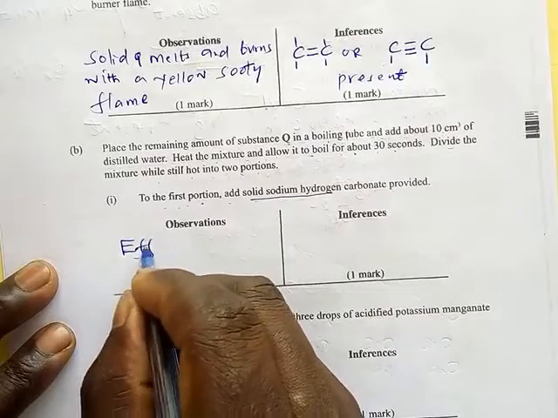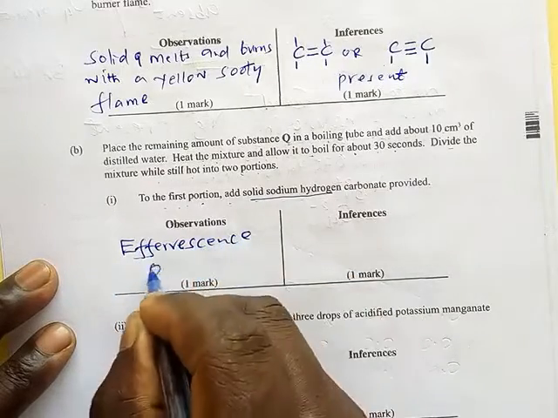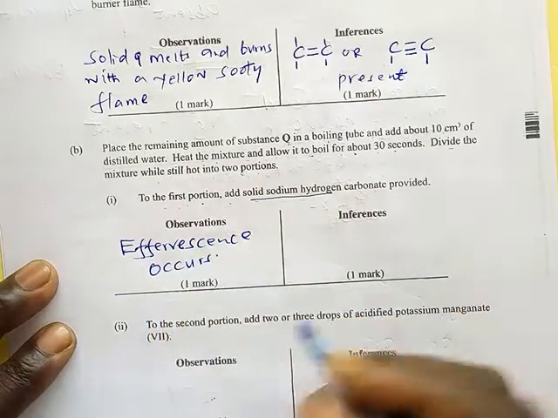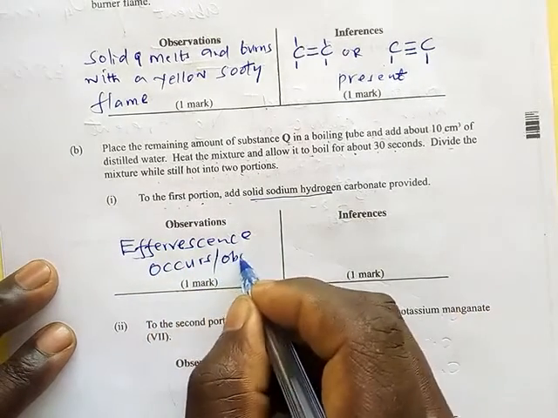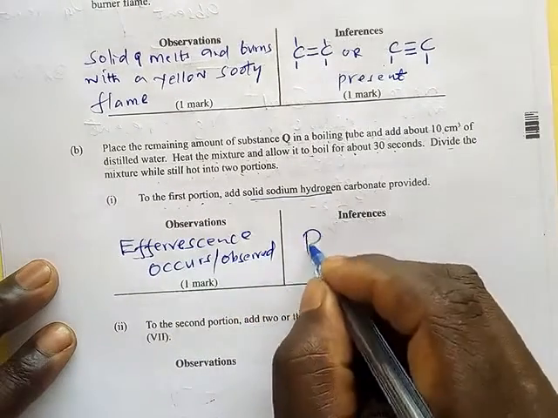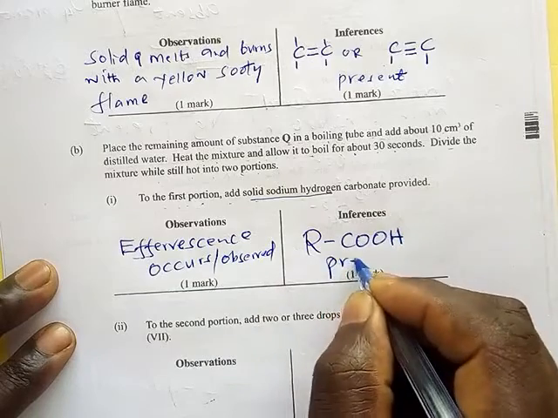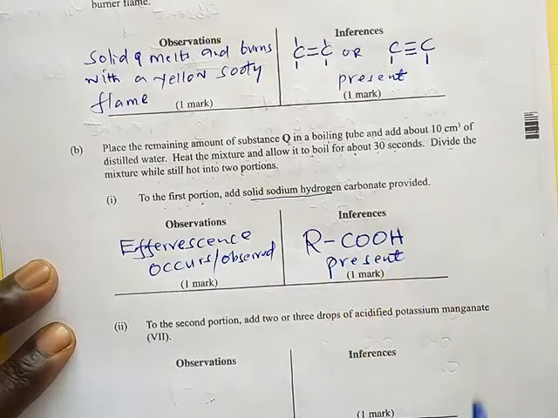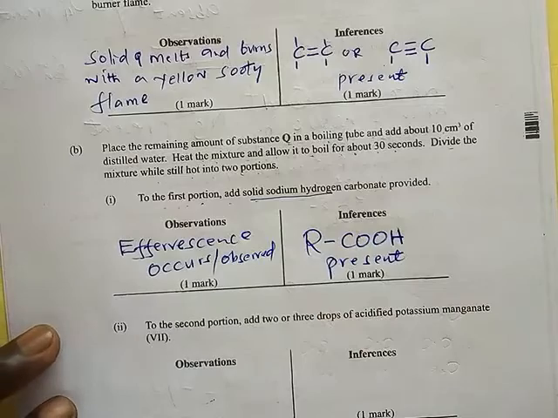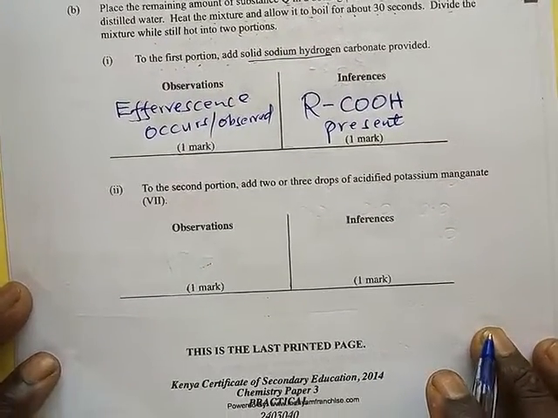Effervescence occurs. It's always observed. If effervescence is observed, then it means alkanoic acid is present.